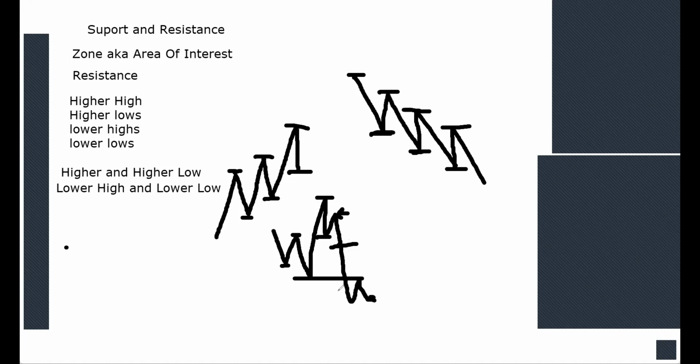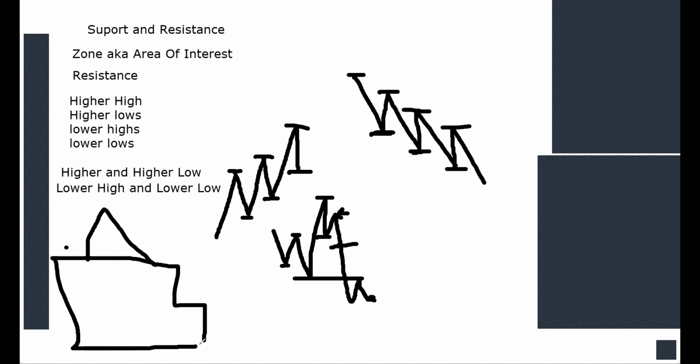Does that make a little sense? Yes, I just missed the part about the house because a call came in at that precise moment, but it makes sense now. Just know if you have a house like this, the floor is the support, where your feet are. Let's say this is the ceiling, the resistance.